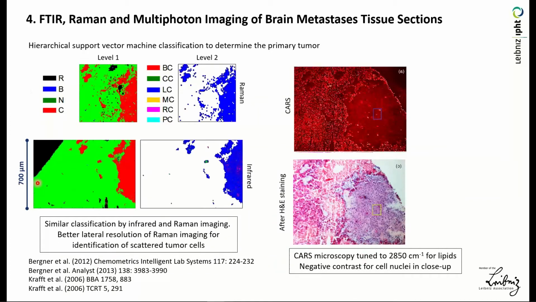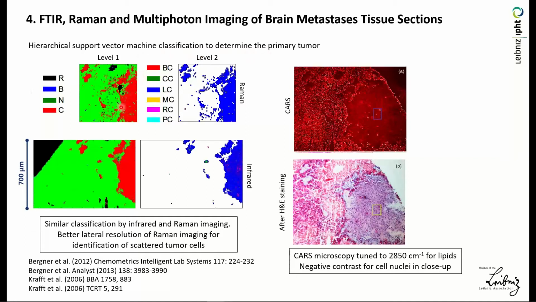FTIR, Raman and multiphoton imaging of brain tissue sections, and as an example I show the application to identify the primary tumor of brain metastasis. In a previous publication, we developed a hierarchical support vector machine classification to determine the primary tumor.